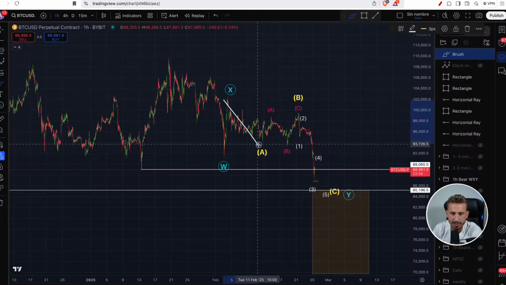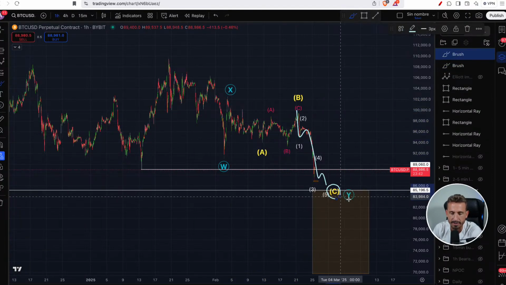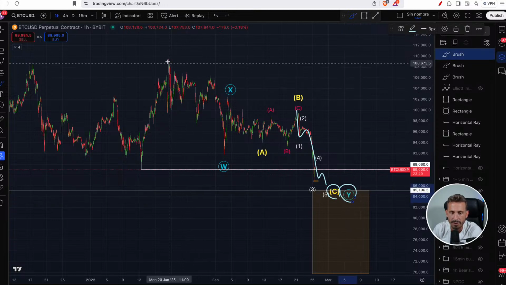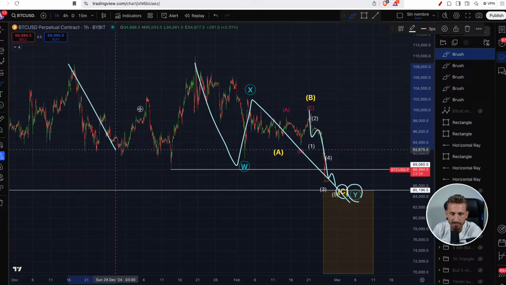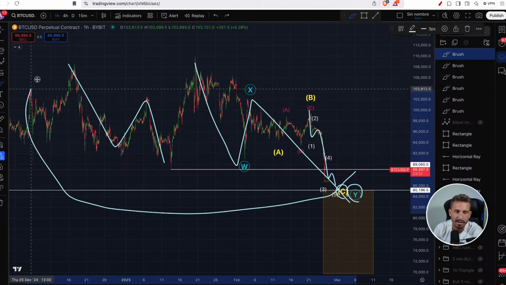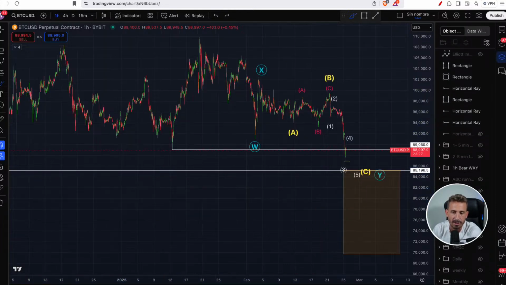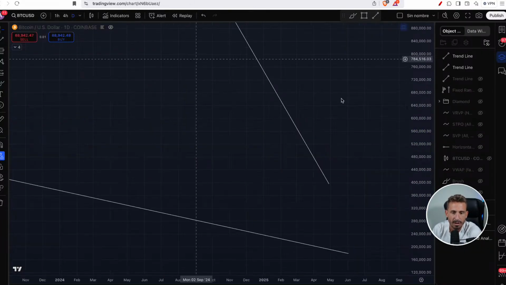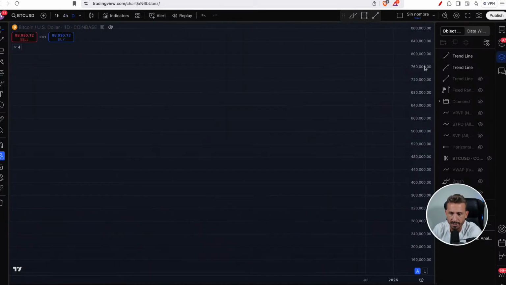You're finishing your C wave, and you've got 5 waves to finish your C wave, and your Y wave of your WXY in a much larger WXY. All of this ended up being a massive multi-monthly range corrective structure that turns out to be a Wyckoff reaccumulation schematic. I don't know what I've done with this chart, but it's gone absolutely crazy.